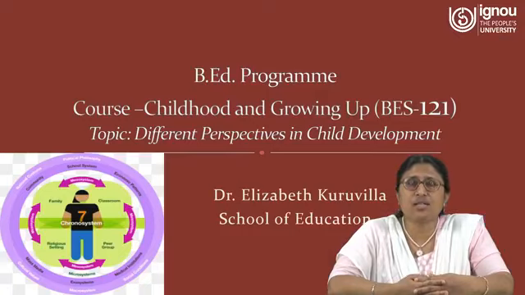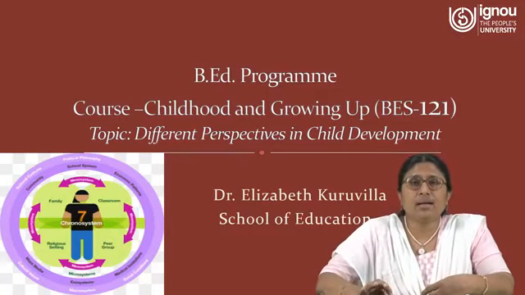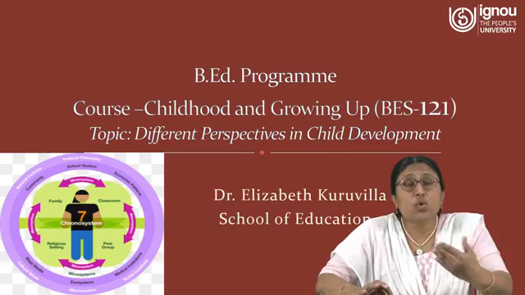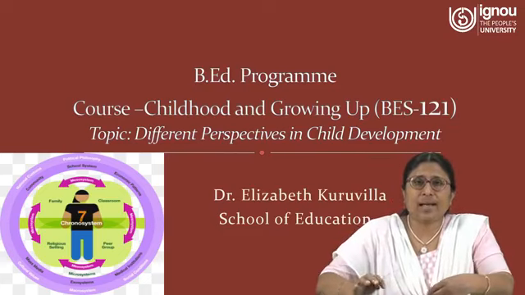Among these 4 types of attachment, the most important type of attachment that a caregiver can give to the child is the secure attachment. And we have to think about the attachment that the school is providing, what type of attachment the child is getting.